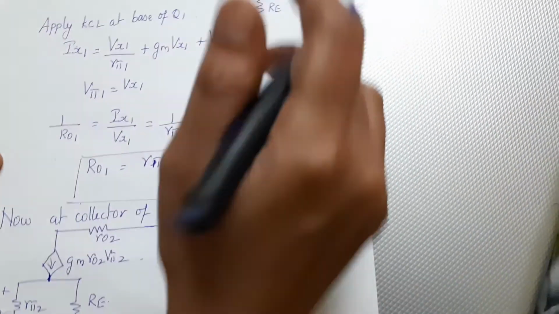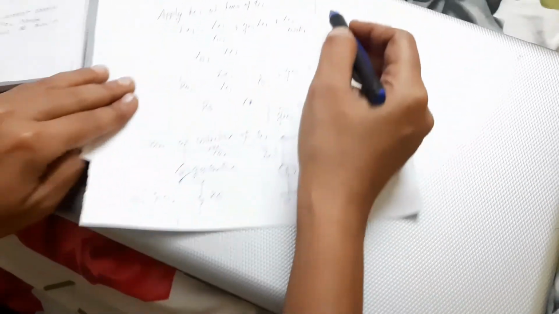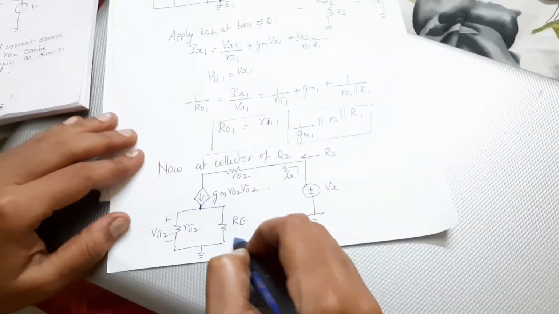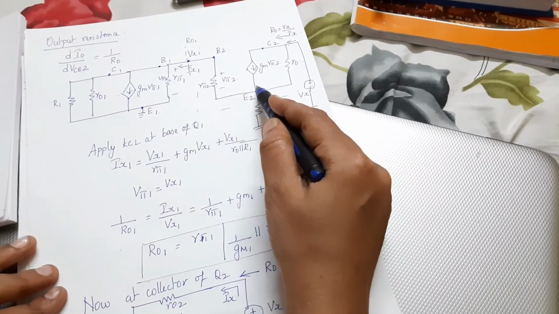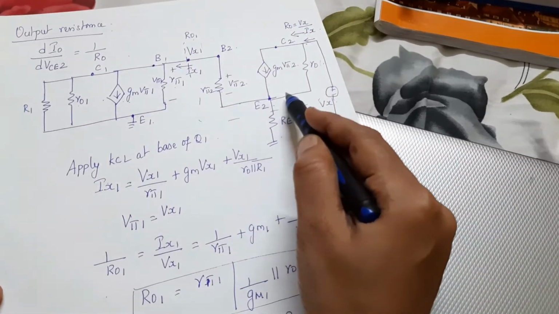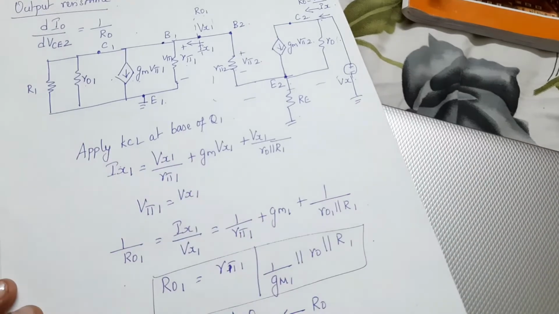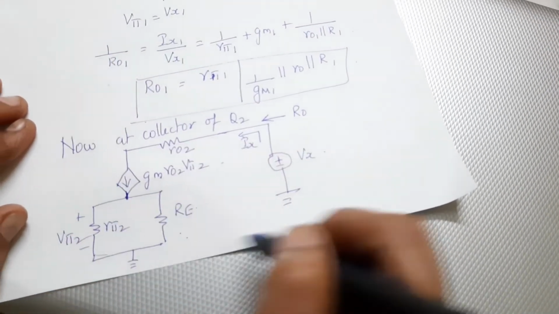So this circuit only I have redrawn like this. In this circuit it is a Norton equivalent circuit, the current source gm2 Vπ2 and the resistance R02. I am transforming it into Thevenin's equivalent circuit as shown in this figure.